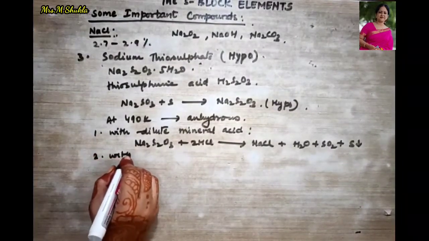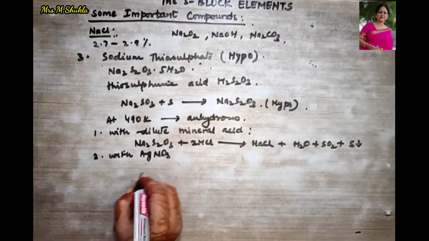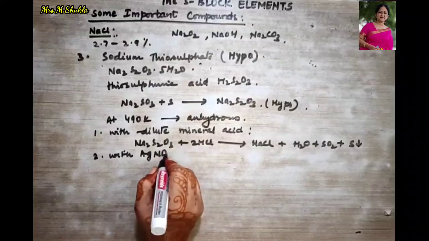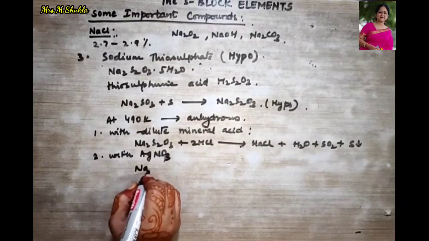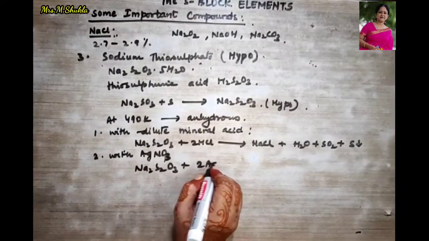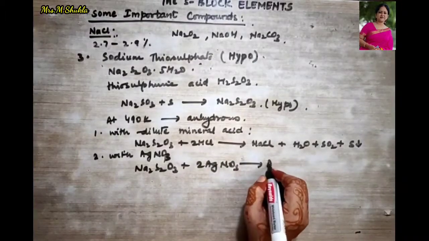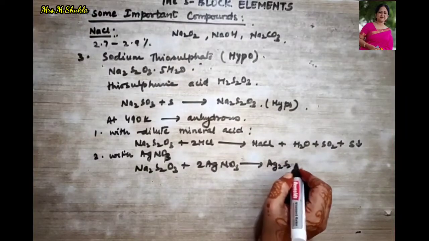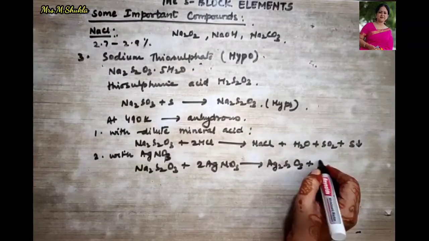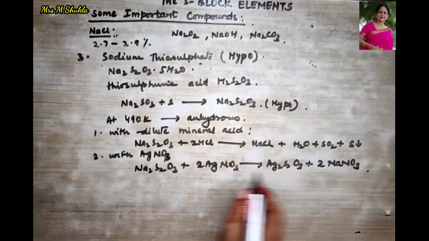Now with silver nitrate: Na2S2O3 plus 2AgNO3, what is it going to give us? It will give us Ag2S2O3 plus 2NaNO3, right?